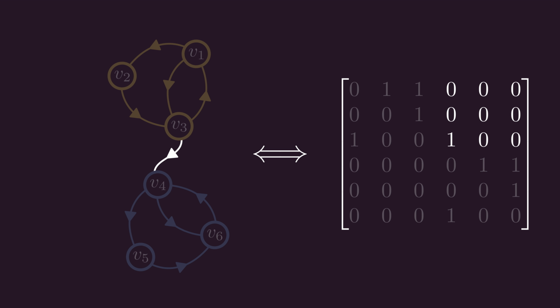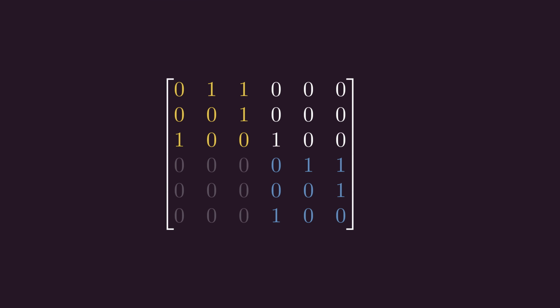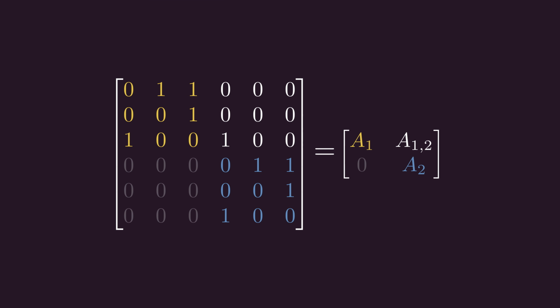The upper right block corresponds to edges from the first component to the second, while the lower left block corresponds to edges from the second component to the first. As there are no edges from the second to the first, this block is full of zeros. In other words, this matrix is upper block triangular with square blocks.